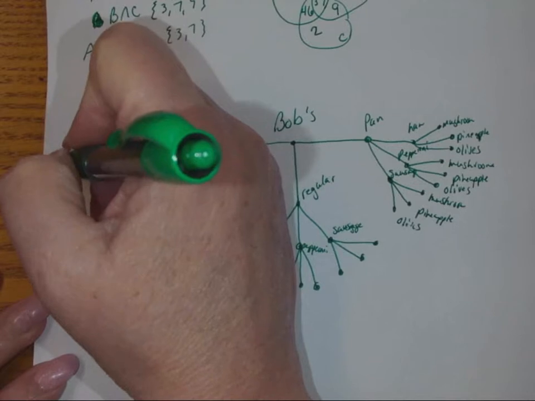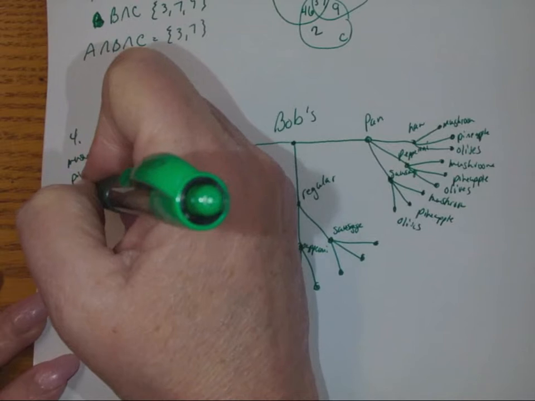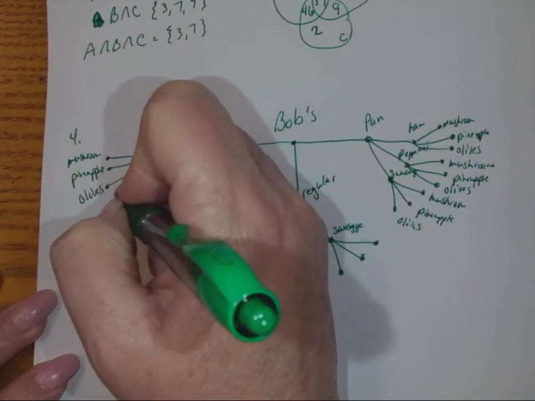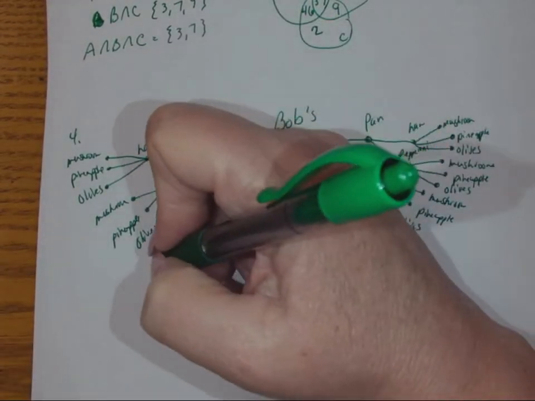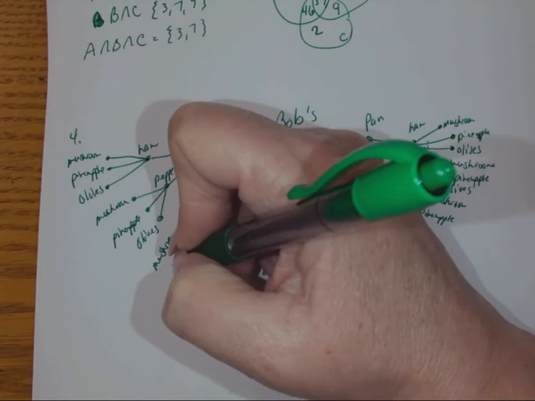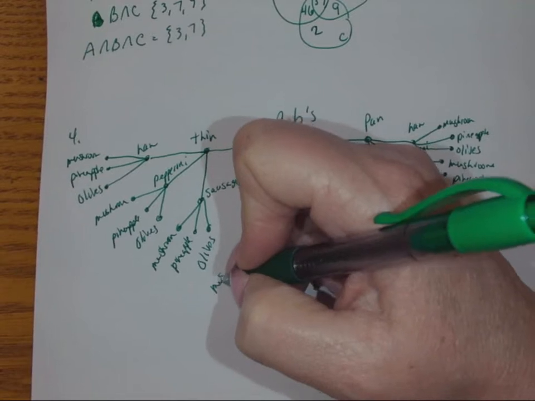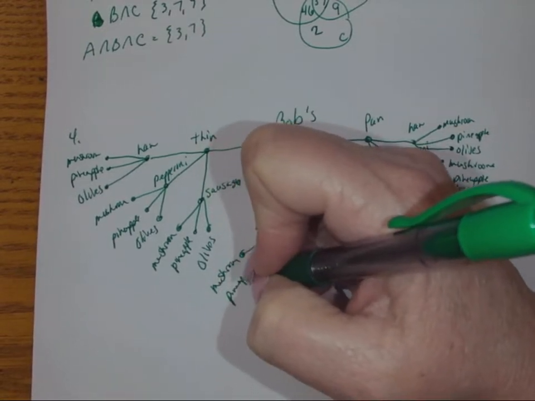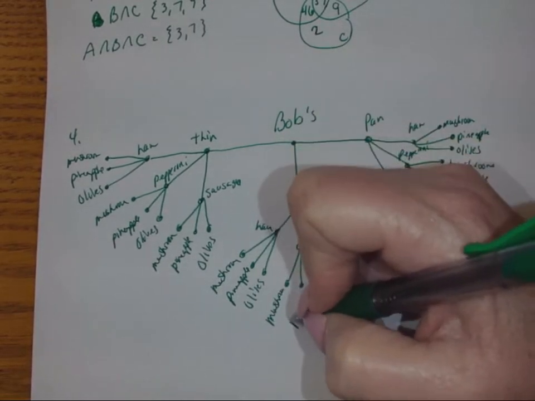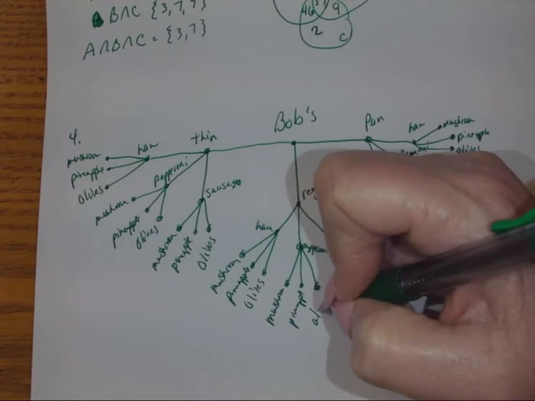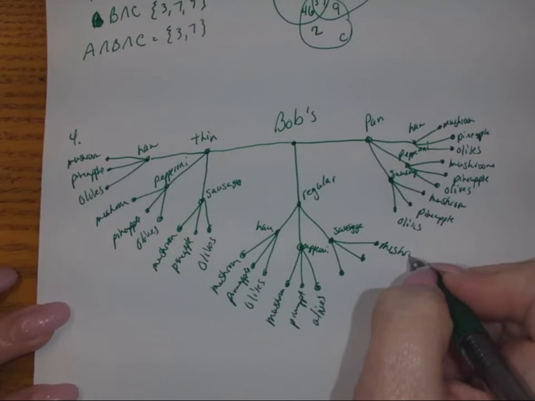And then we'll come over here and write mushrooms, pineapple, and olives, and the same again for each remaining branch, one more set.